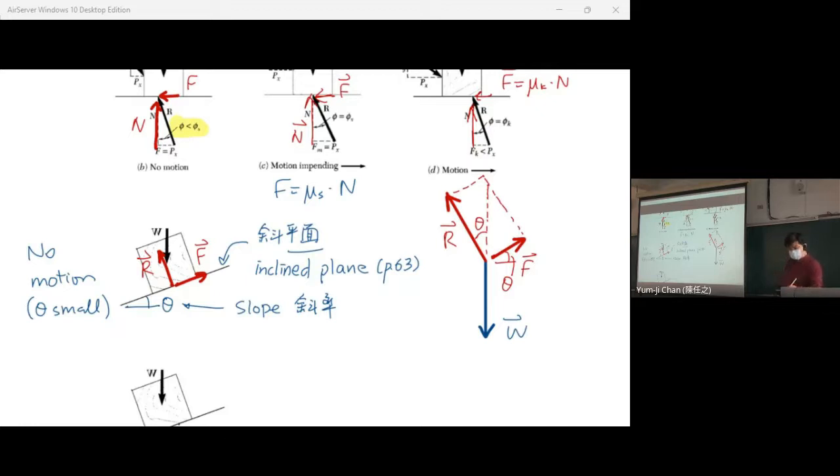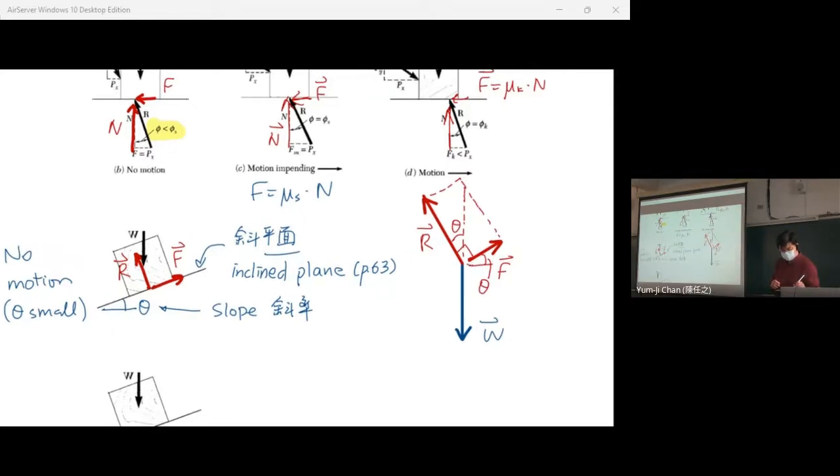This one is a right angle. So in this case, because theta is small, we can say theta is smaller than phi s.